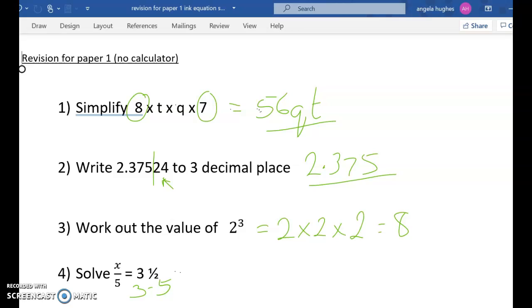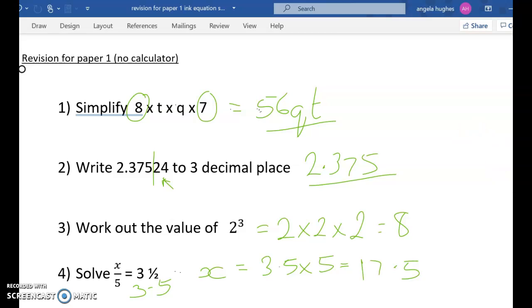So to find x, I am going to multiply by 5, because what you do to x is x divided by 5 gives you 3.5. So to undo it, we're going to multiply. So to find x, we're going to do 3.5 times 5, which gives us 17.5 as an answer. Okay, great.